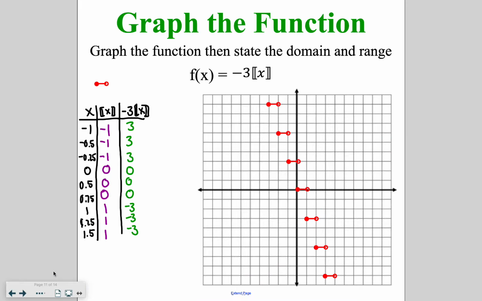When I come to this next function, once again, our domain is going to be all real numbers because you can plug in any value for x. My range this time, the steps get bigger. I go from 9 to 6 to 3 to 0 to negative 3 to negative 6 to negative 9.